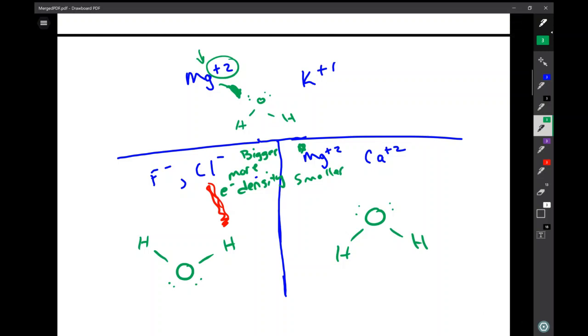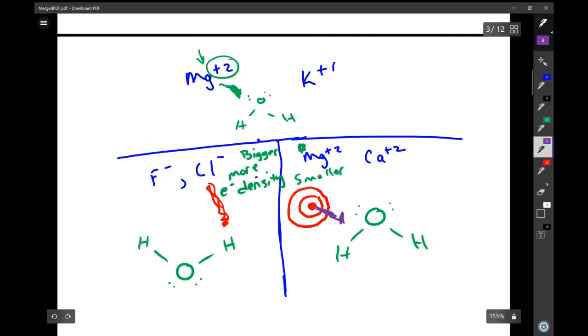Yeah, chlorine's bigger, that should win. Well, really, what's creating the positive charge of magnesium? Not the electrons, but the nucleus. Magnesium, after it loses its extra 2 electrons, just has those 2 energy levels. So that positive charge can get outside the nucleus a lot easier.